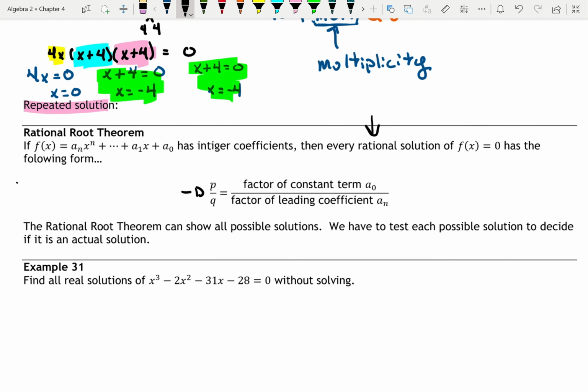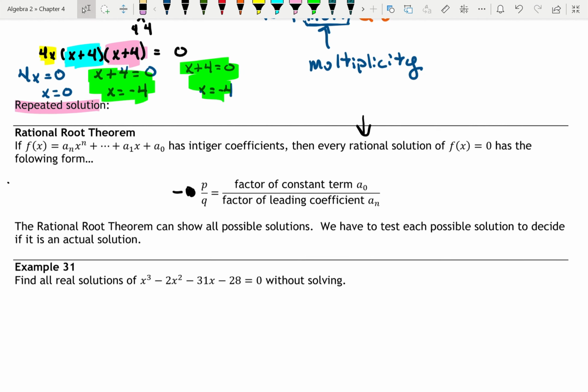So right here they have p over q. So that's like a general fraction there. The fraction with a numerator of p, denominator of q. They're saying the numerator has to be a factor of the constant term a sub 0. So that's this a naught at the end. And then the denominator will have to be a factor of a sub n, which is the very beginning coefficient.